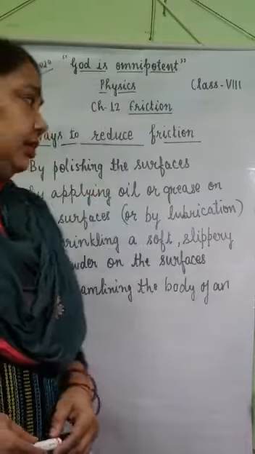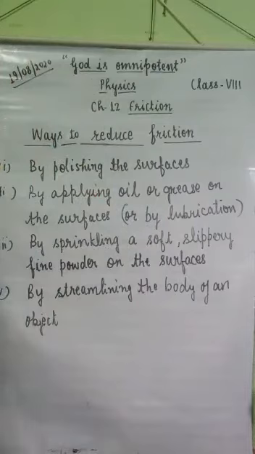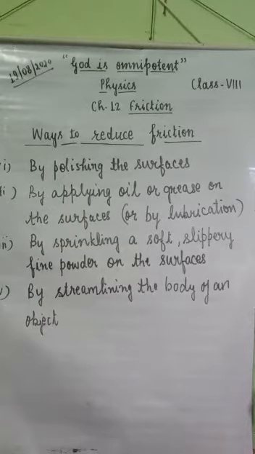So there are some ways we can reduce friction. By polishing the surfaces, we can reduce friction. When a surface is polished, the irregularities of the surface are covered, making it smooth and thus reducing friction.